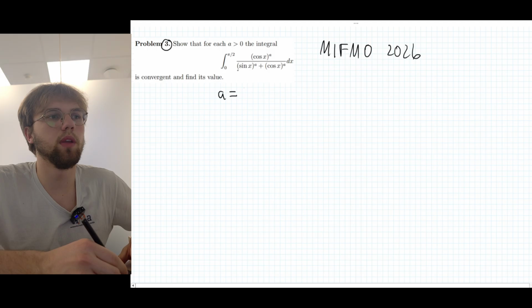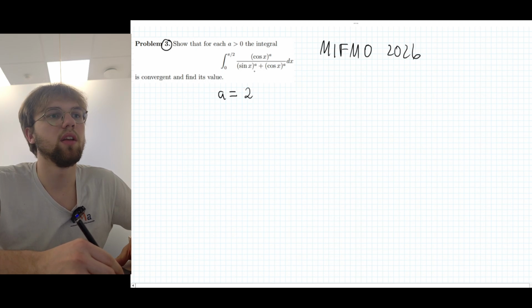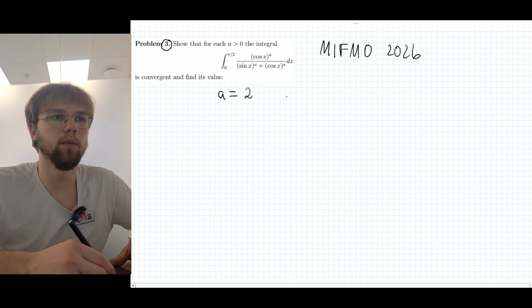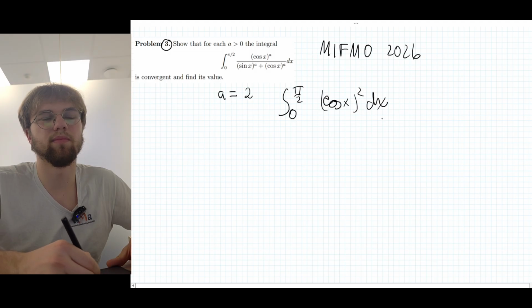So which values of a seem simple? Well, for me, the first idea is a equals 2, right? Because then the bottom of the fraction is just sine x squared plus cosine of x squared, which is just 1. And we get that this integral is just cosine x squared dx.